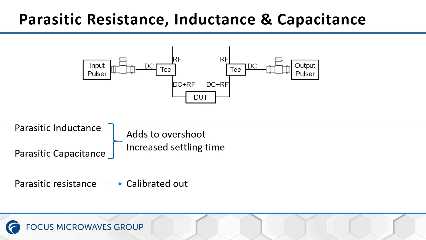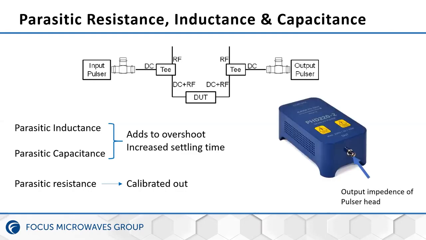This parasitic inductance and capacitance adds to the overshoots. It increases the rise time of the pulse. And of course, because of the ripple, the settling time within the pulse increases. This means that if we have a narrow pulse, we might not even have a stable region within the pulse.